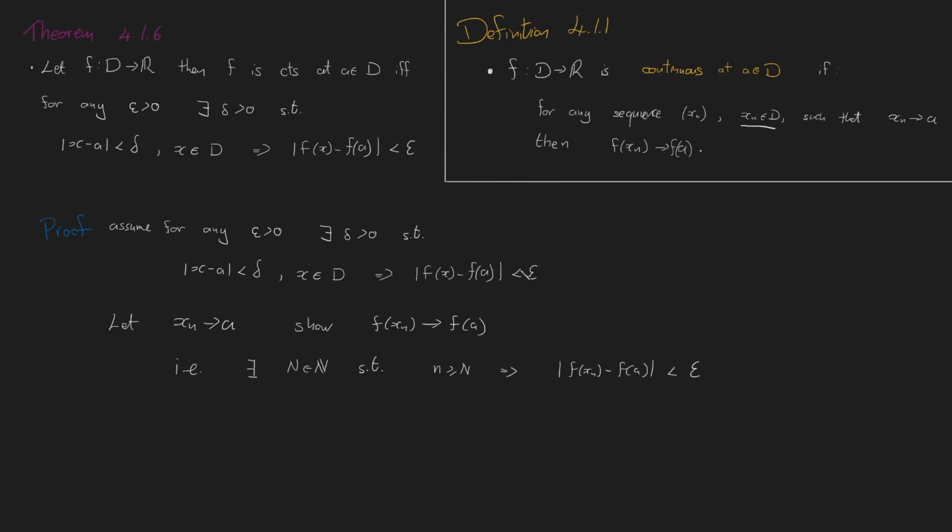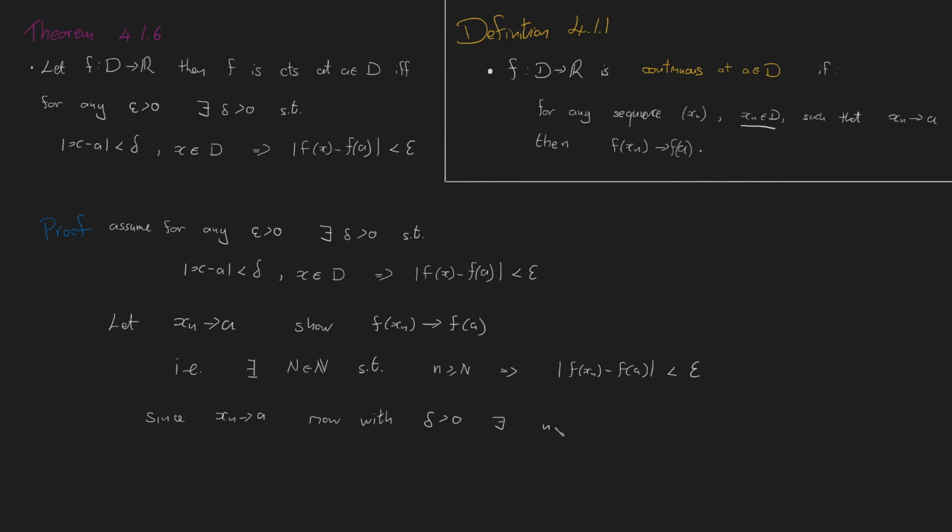So the question is, how well can we control that? And the answer is very well, because xn converges to a. Here the main difficulty is perhaps that we think about epsilon as being this small quantity, but now we have delta greater than 0.